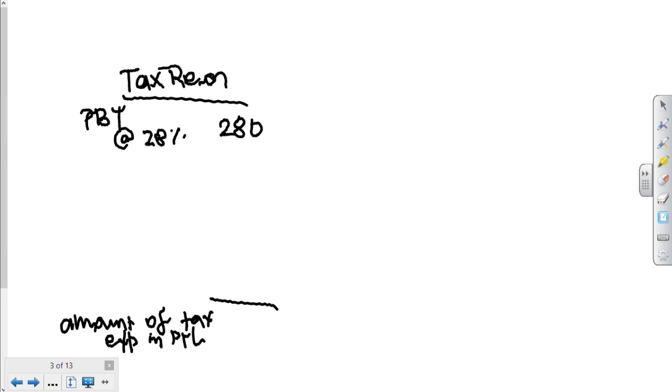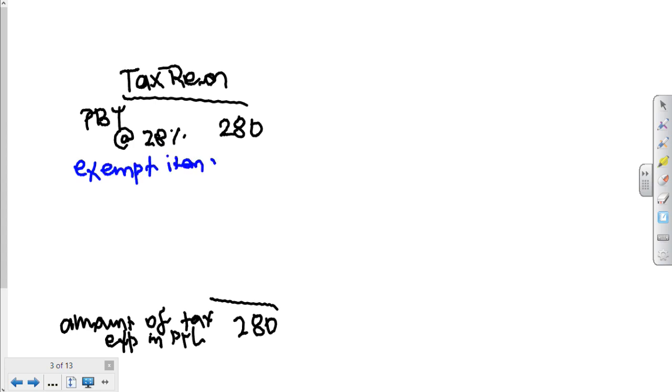And in the scenario I just gave you, the tax expense in the P&L was 280, and so therefore there's nothing to reconcile. Do you agree? However, there are reasons why it wouldn't be 280. And the most common of those, which are ones that we've been seeing as we've been working on tax calculations, are exempt items.